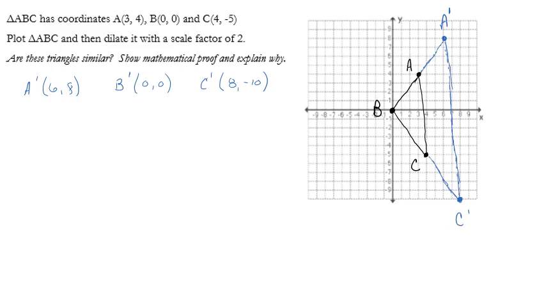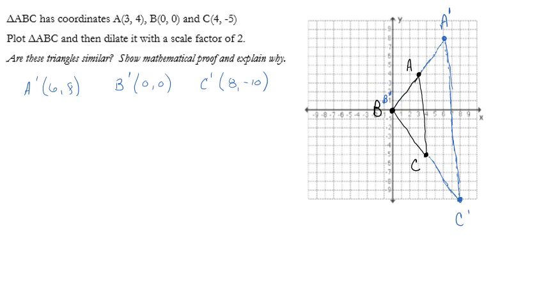At this point, we really have to answer one question and then give mathematical proof explaining why it is true or not true. They want to know if the triangles are similar. We have triangle ABC, the original, and then we have triangle A prime, B prime, C prime, that new triangle.